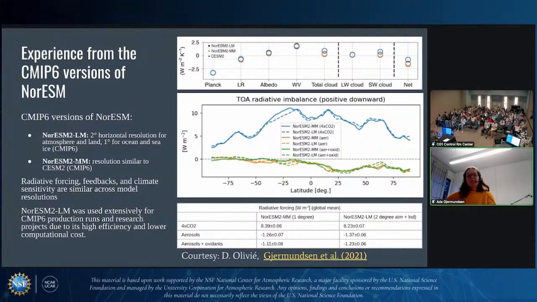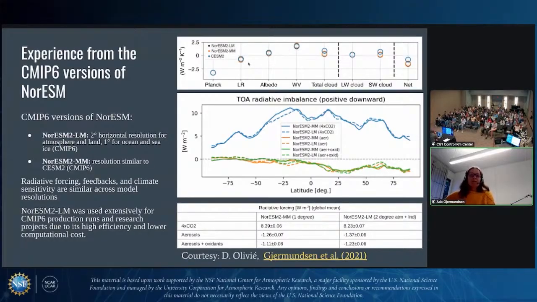What we found was that even if the coarse resolution performed worse when it comes to patterns, such as pattern correlation and precipitation patterns, when we consider the climate feedbacks and also the forcing, the 2 model versions performed very similarly. Here you see, for instance, the feedbacks from a 4 times CO2 simulation.